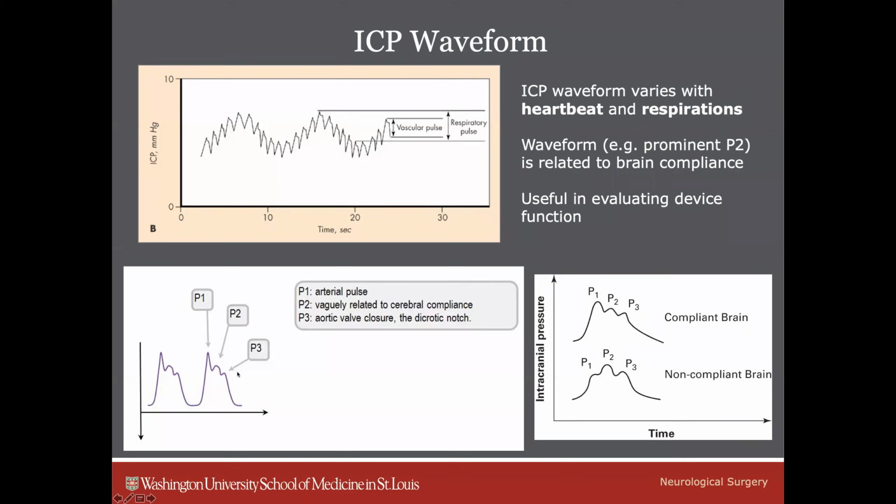And P3 is your dicrotic notch from the aortic valve closure. If your brain loses its compliance, you can see that the P2 becomes prominent. In practice, we don't rely on these waveforms for interpretation as much, other than for making sure that the device is functioning appropriately, especially in the case of external ventricular drains that we use.